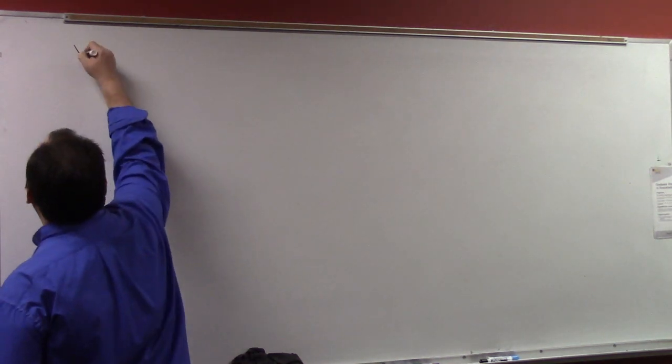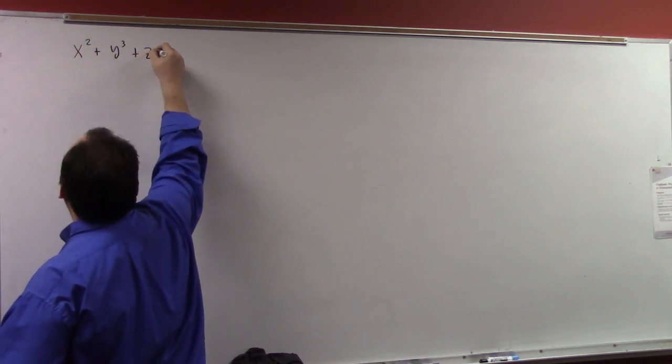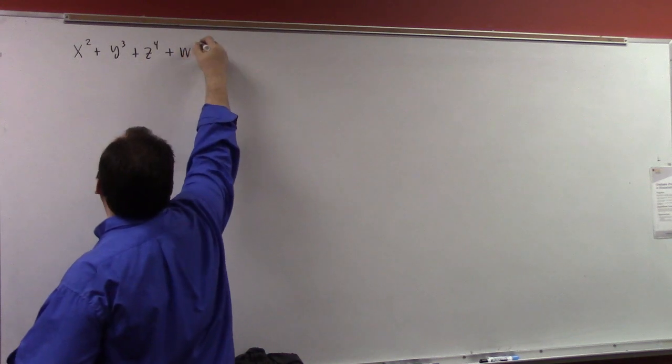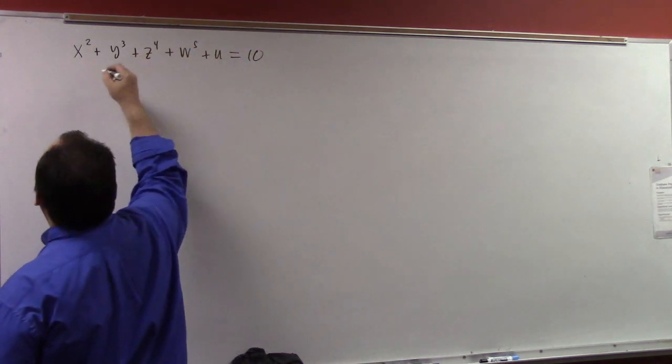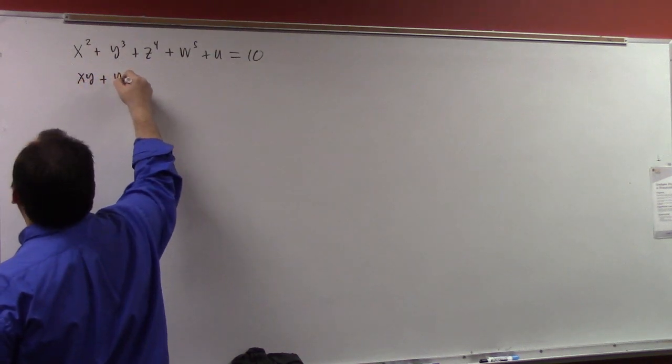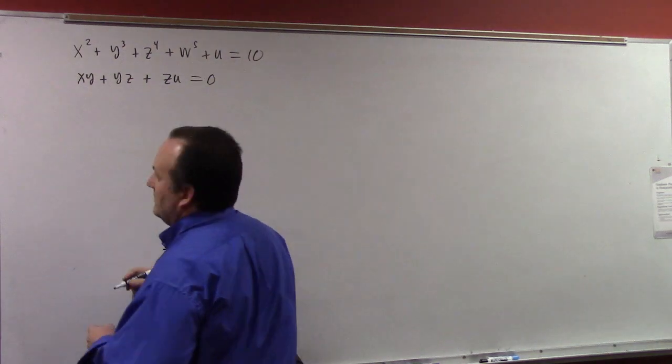We've got x squared plus y cubed plus z to the 4th plus w to the 5th plus u equals 10. And I've got xy plus yz plus zu equals 0.